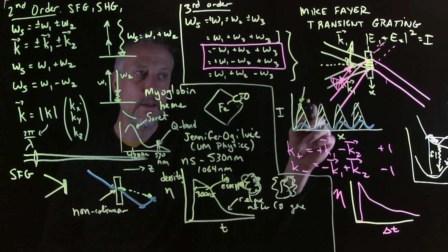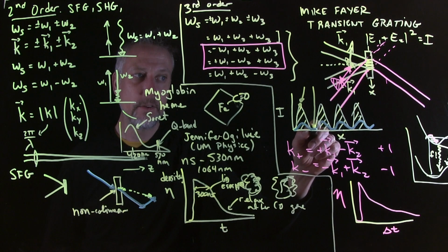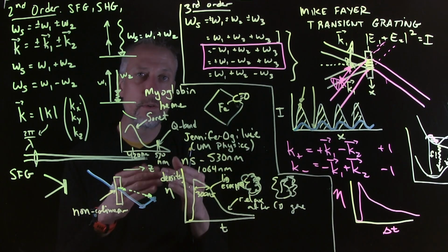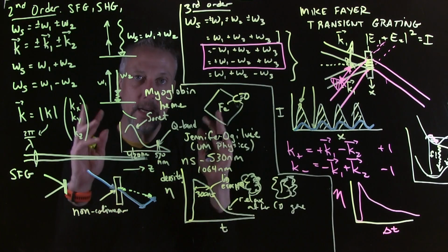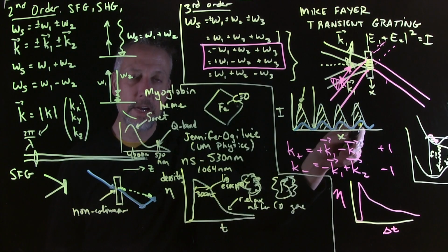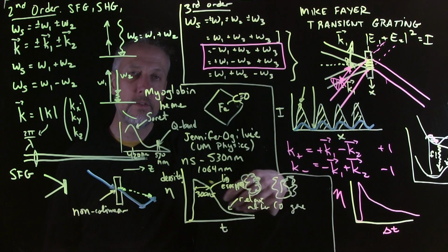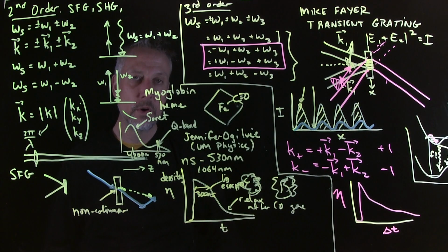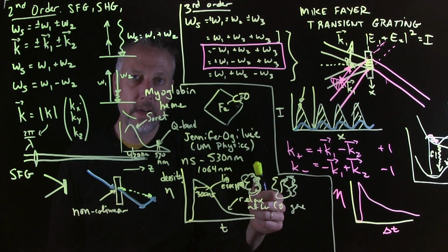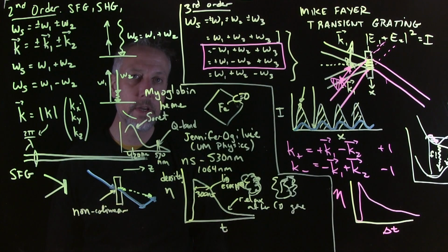And we're going to see that we can write down the mathematical description of how this got not bright. And we're going to see that we need to add those two together. When we say interfering the Liouville space pathways, we literally mean making this diffraction grating pattern. Okay, and so the point is, there is no more significant thing. The dark is just as significant as the bright. You can't have one without the other.